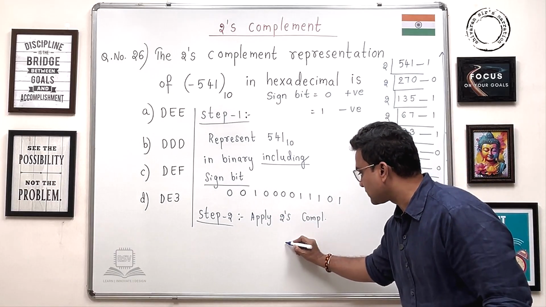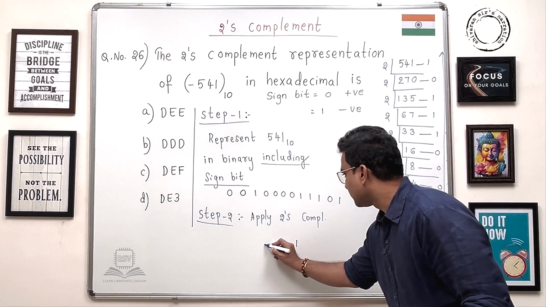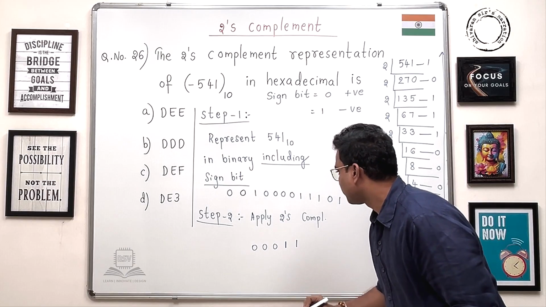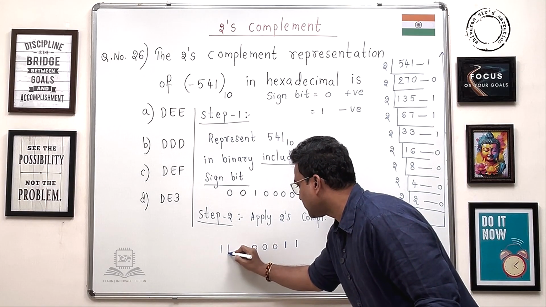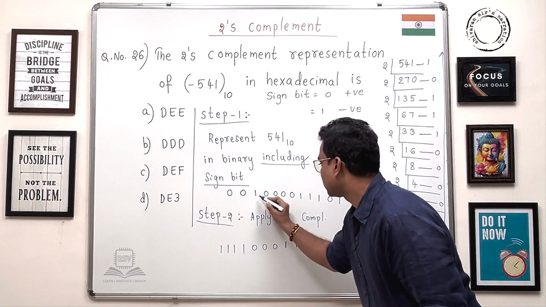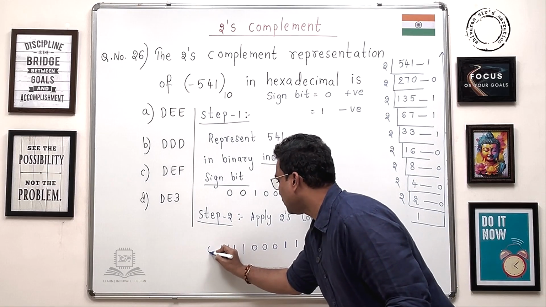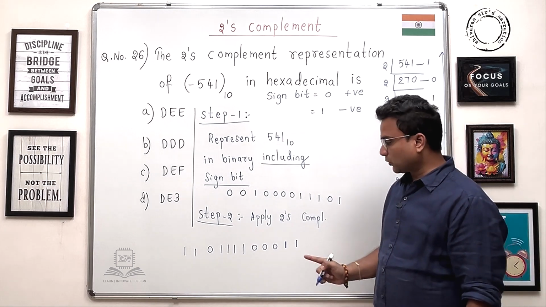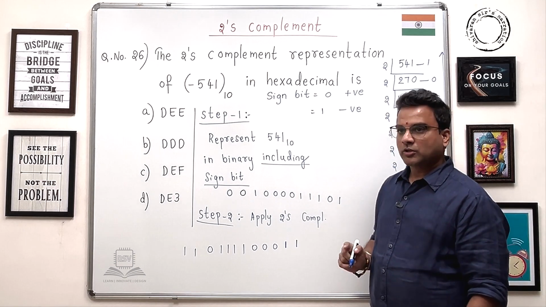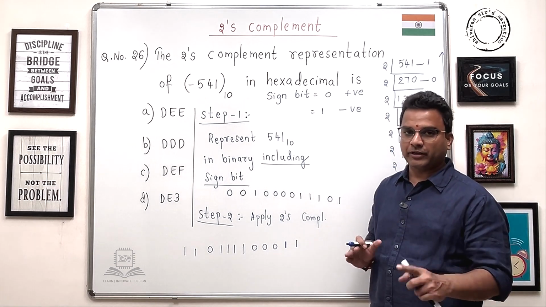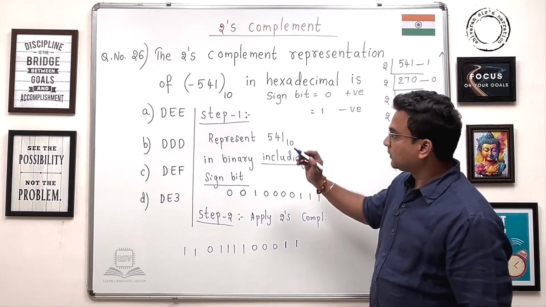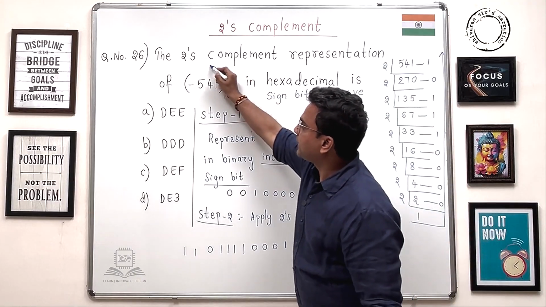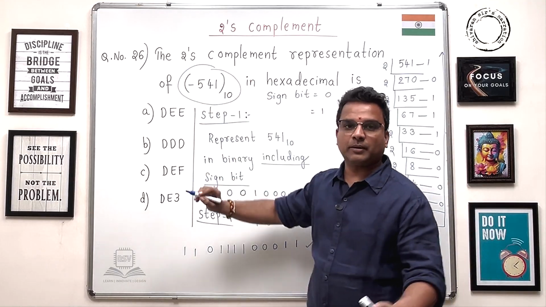So it is 1, 0, 0, 0, 1, 1, 1, 1, 0, 1, 1. This is the 2's complement representation. So stage 1 completed. We got the 2's complement representation for this decimal number.